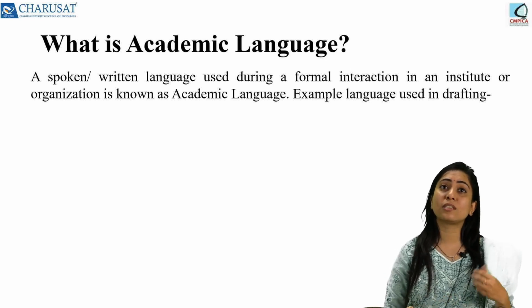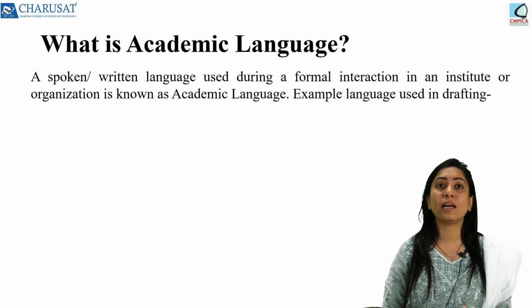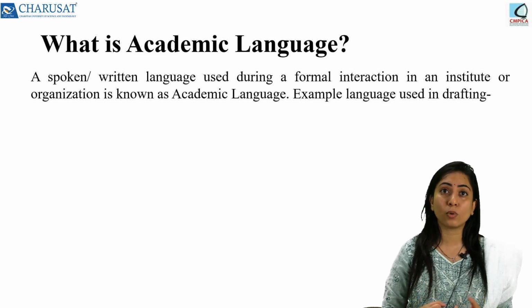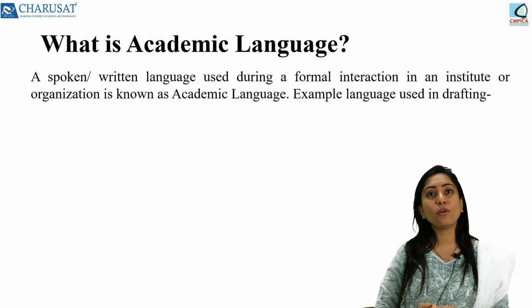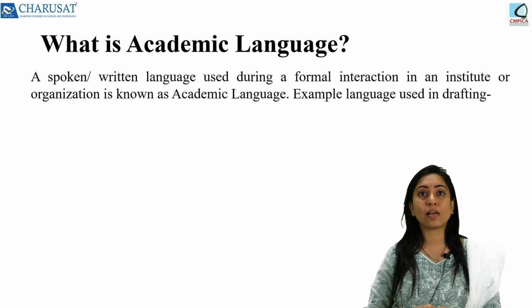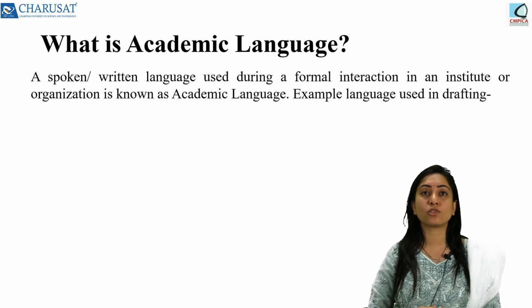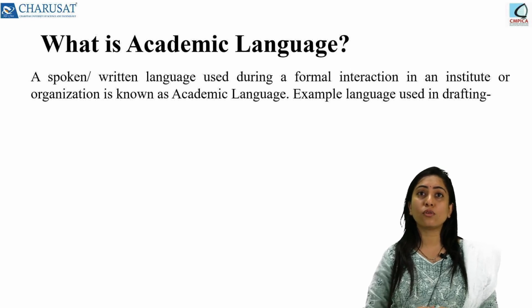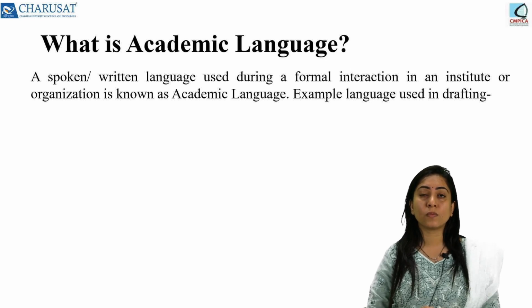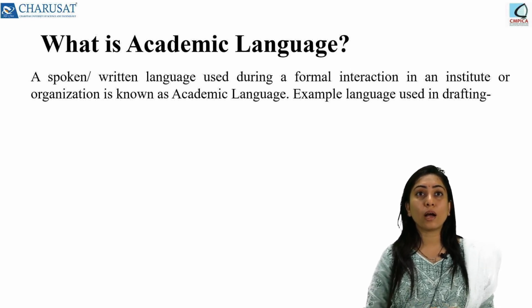So in the simplest sense we can understand that it is the formal language or the professional language to communicate your ideas. We know in India it is the English language that is used as a professional language, right? And also English is the language that is acknowledged globally. It is known as lingua franca, a global means of intercommunication, right?